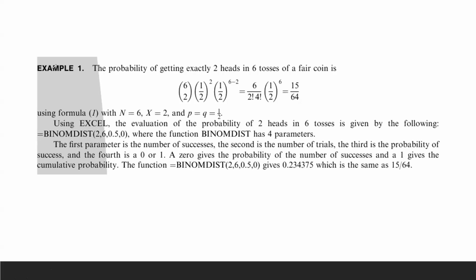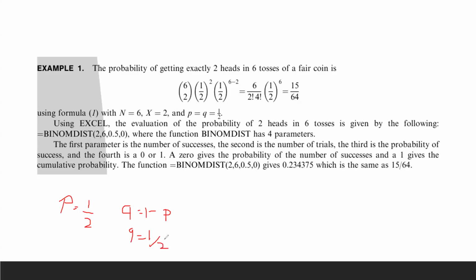I already taught this. Now P is equal to 1 divided by 2 because when we toss the coin, the first option can be head, otherwise it can be tail. No? Then Q is 1 minus P, so Q equals 1 divided by 2.